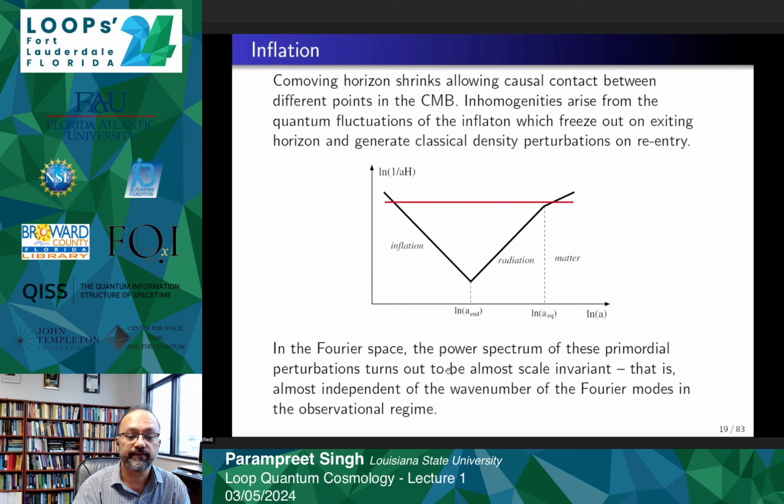In Fourier space, when you look at the power spectrum of these primordial perturbations which are generated here, and then imprinted in the cosmic microwave background, they turn out to have an almost scale invariant spectrum, which means that the spectrum is almost independent of the wave number of the Fourier modes in the observational regime. Now, inflationary cosmologists and astronomers have studied these inflationary models very extensively. The goal of loop quantum cosmology is twofold.